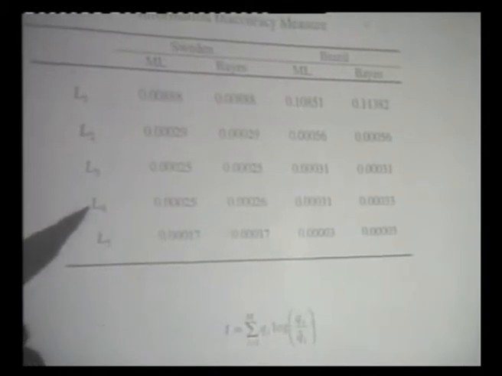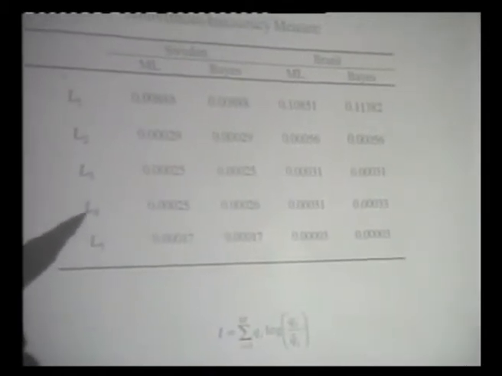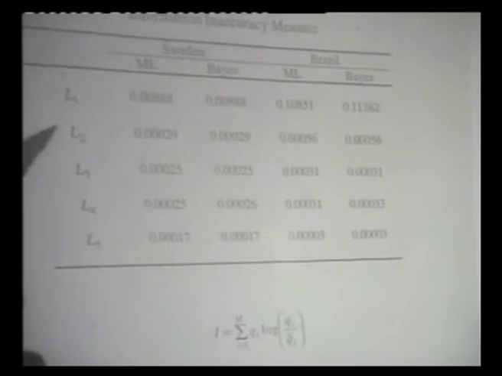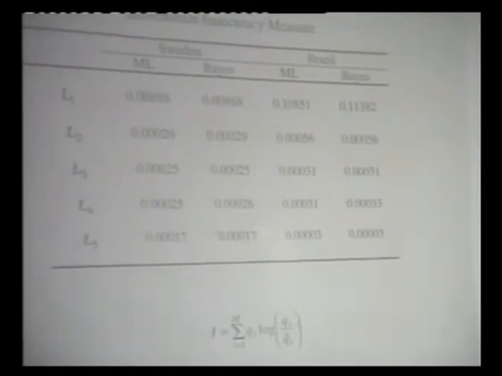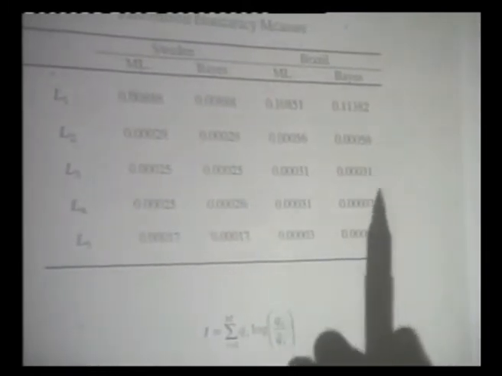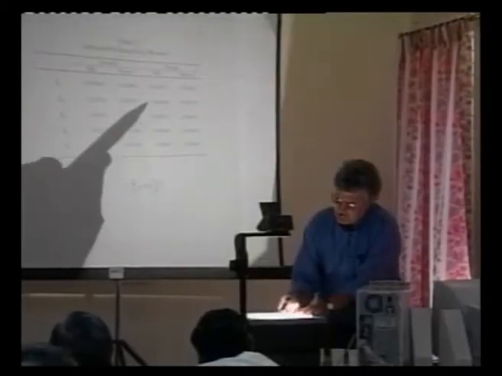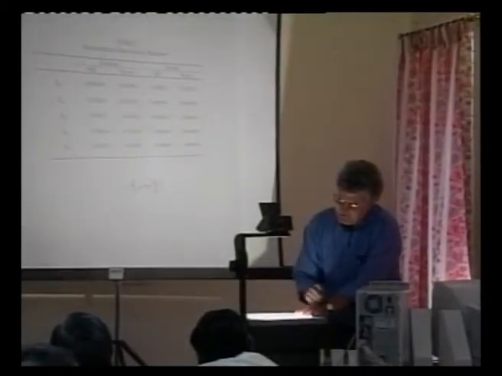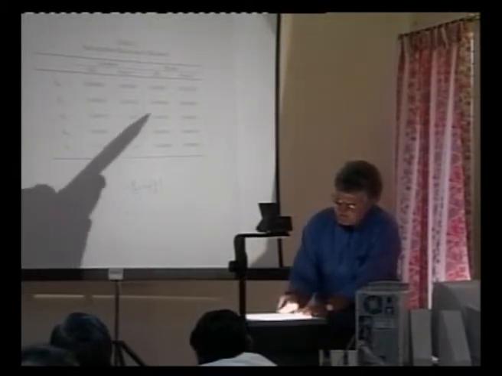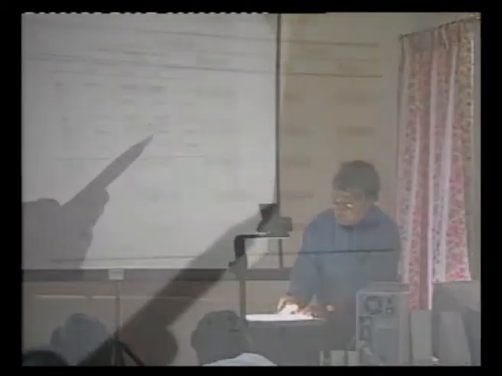So in other words, L4 is an unnecessary over-parameterization relative to these. And the same thing happens with Brazil, except you do reject L2. So if you test for Brazil, L2 against L4 and L3 against L4, then what happens is you reject L2 but not L3. But the same things can be said. L4 is an unnecessary over-parameterisation.